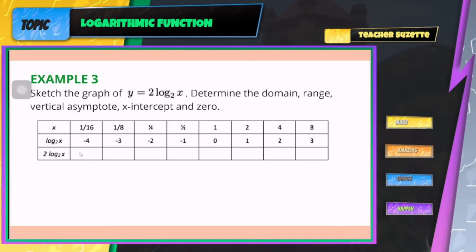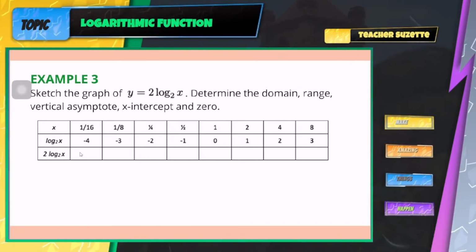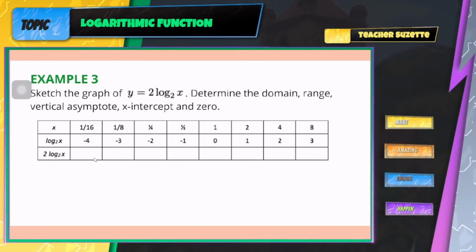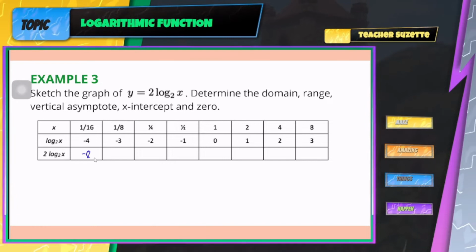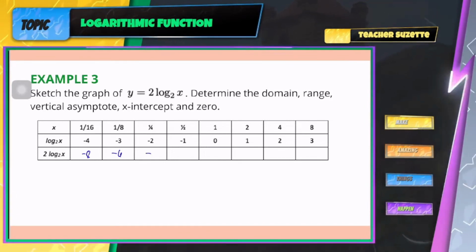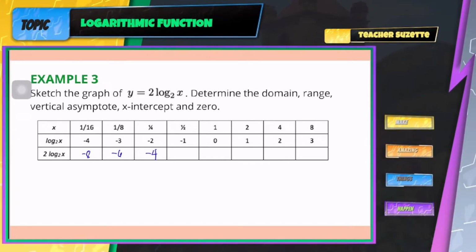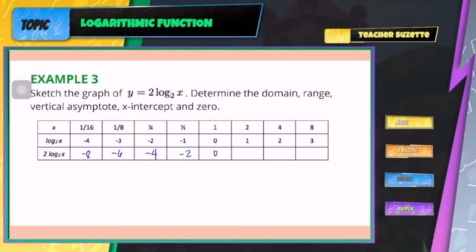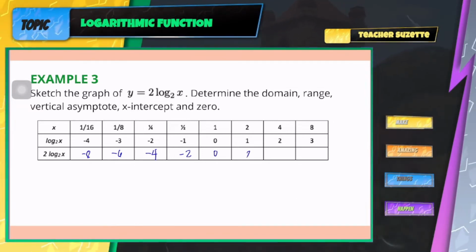So with that, let's solve for the y coordinates of our second function. We have negative 4 times 2, negative 8, negative 3 times 2, negative 6, negative 2 times 2, negative 4, negative 1 times 2, negative 2, 0 times 2, 0, 1 times 2, 2, 2 times 2, 4, and last, 3 times 2, 6.